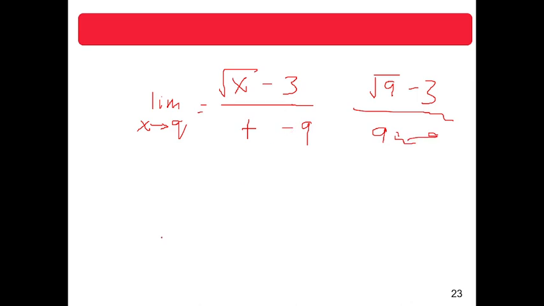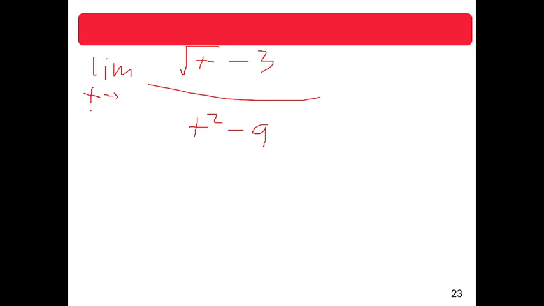And we know that the square root of 9 is simply 3. So therefore, you will notice that your numerator has a value of 0 and your denominator has a value of 0. And that is undefined. We cannot accept that the limitation of your function will be undefined.